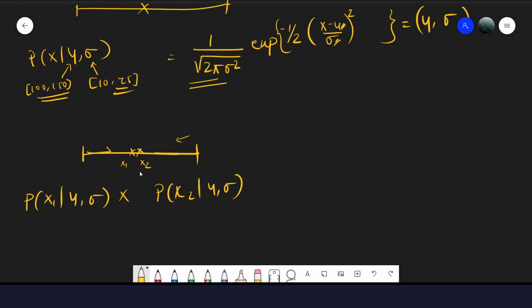We assume that the data points are conditionally independent of one another, and that's why whatever probability we get for x1 and x2, we multiply them for different values of mu and sigma. Mu and sigma over here will take the same value. So if I take mu as 1 over here, I have to take mu as 1 over here as well.